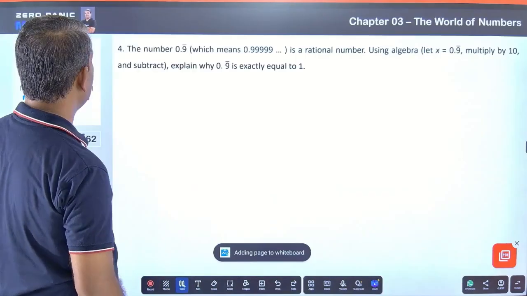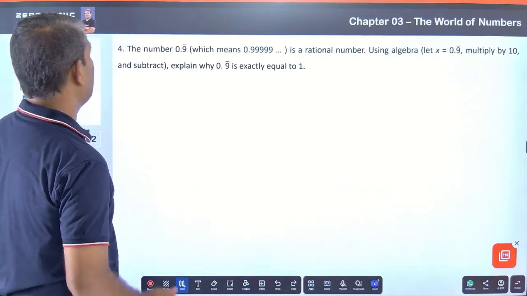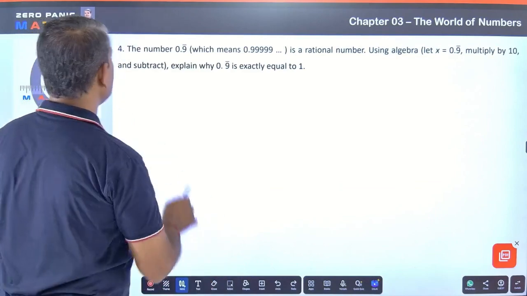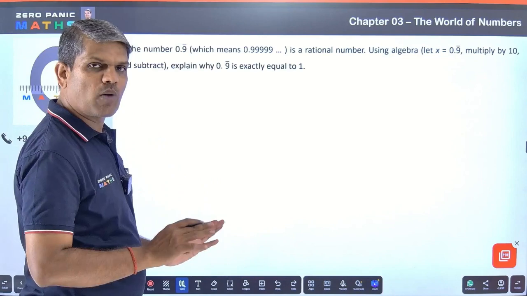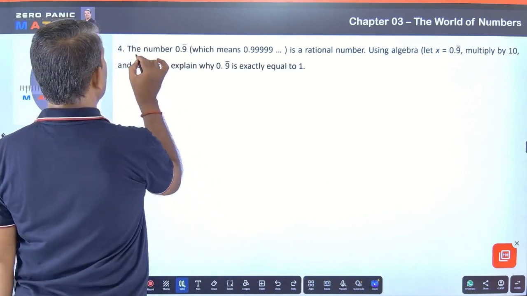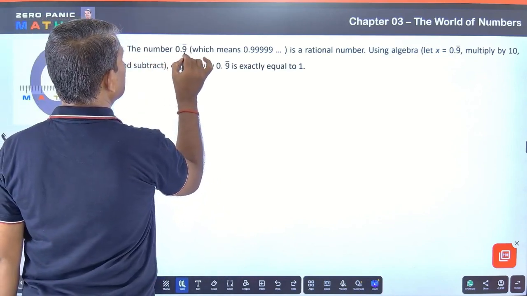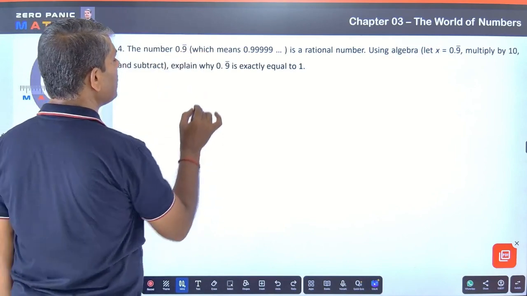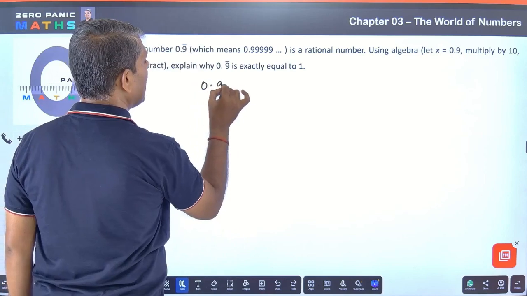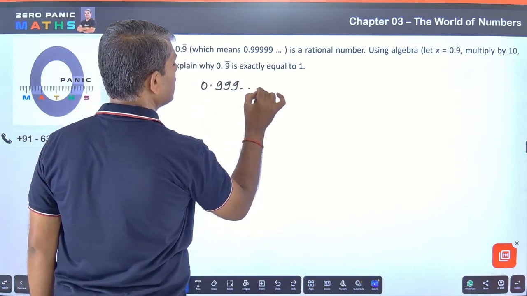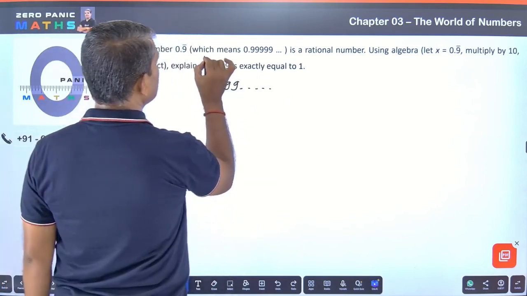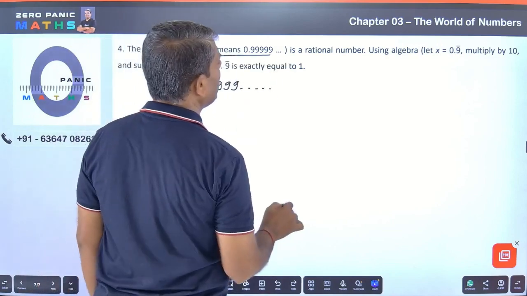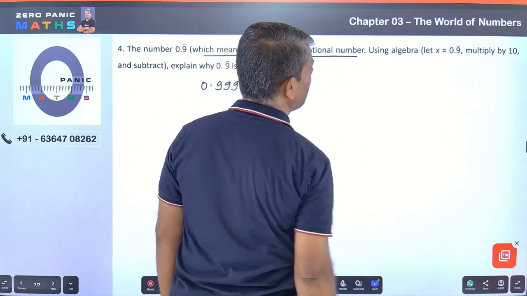Okay, let me see the next problem. The next problem is very interesting, but we have resolved such problems already. You see the number 0.9 bar, which means 0.9999. I've told it so many times. It is a rational number.